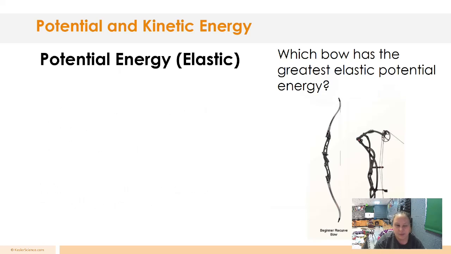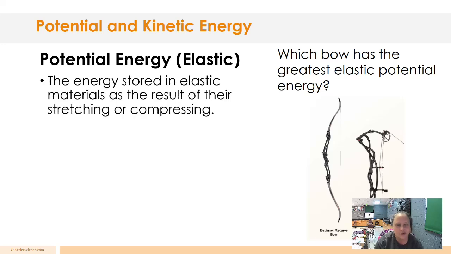Now we have elastic potential energy. Which bow has the greatest elastic potential energy? Which one do you think has the greater elastic potential energy? It's the energy stored in elastic materials as the result of their stretching or compressing.